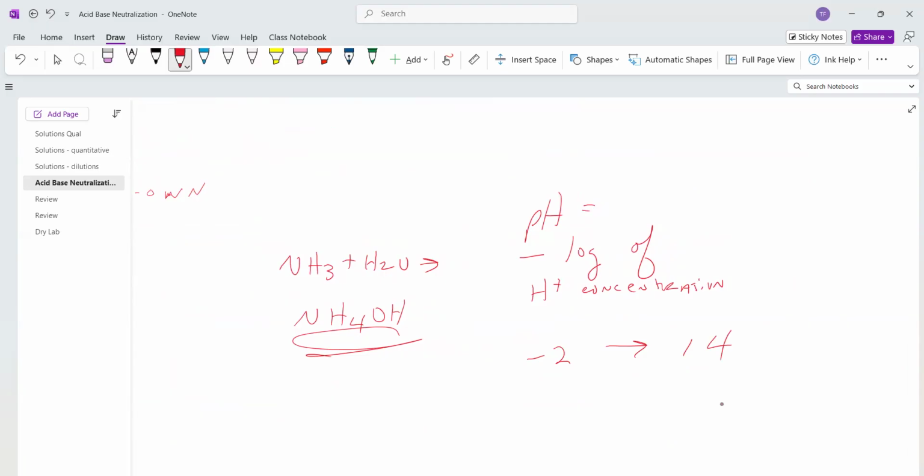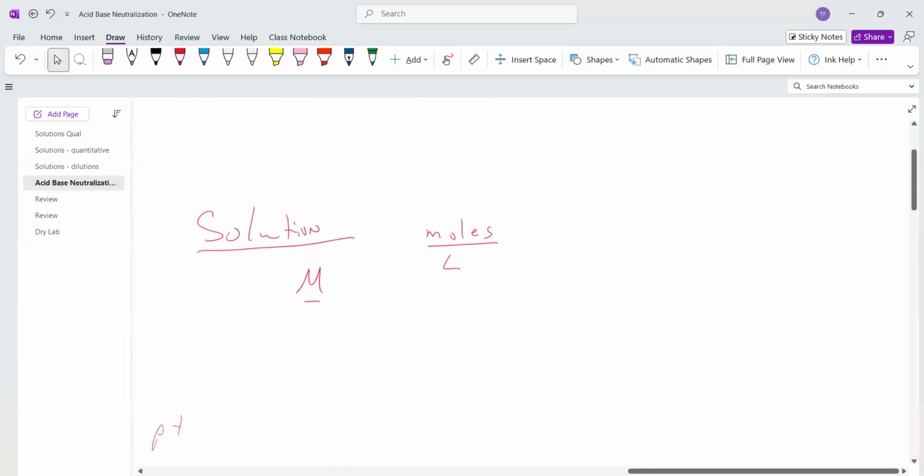You can have -12. Because when you have the negative of a negative, you really have a positive, and that's why it gets big. So the range, and then right in the middle is pH 7, which splits the base from the acid. Okay, all right. Does that make sense?